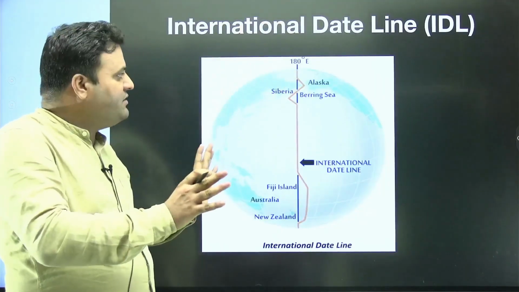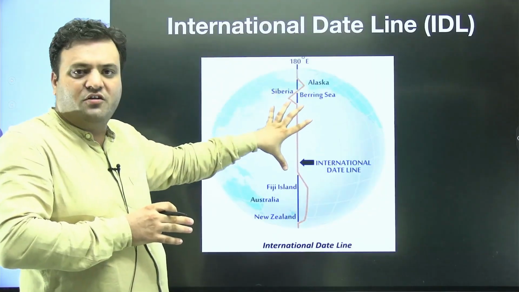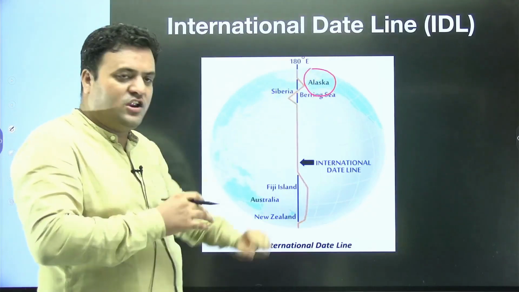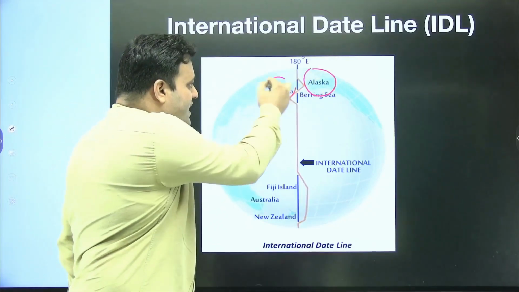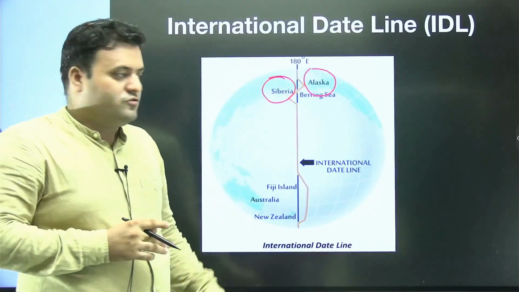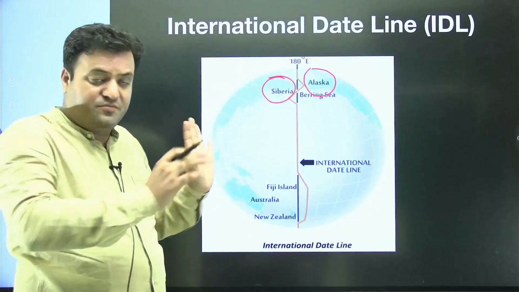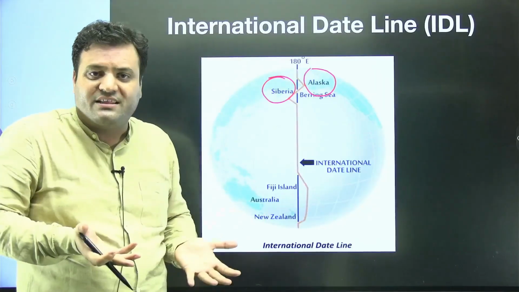For a given time period, we have a circle of illumination. The circle of illumination is here in Alaska and here in Siberia. So there is a day in Alaska and in Siberia, for example. It's because the circle of illumination works in that way.